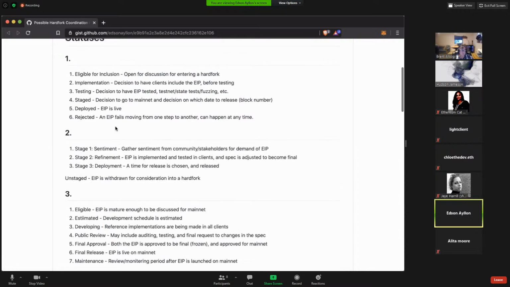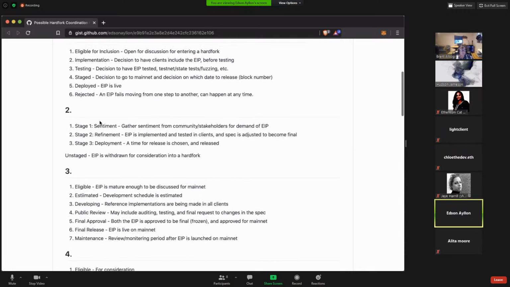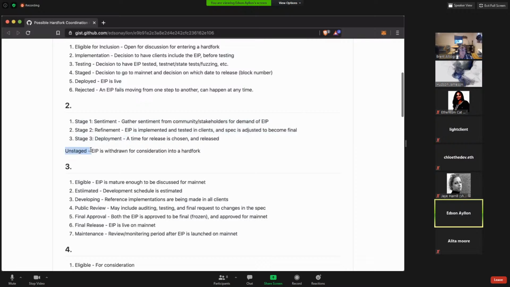So it's the same as the previous, except a lot of the statuses are put together. So it's stage one, stage two, stage three, and unstaged, same as rejected: EIPs withdrawn from consideration for the hard fork. Any questions about this one?